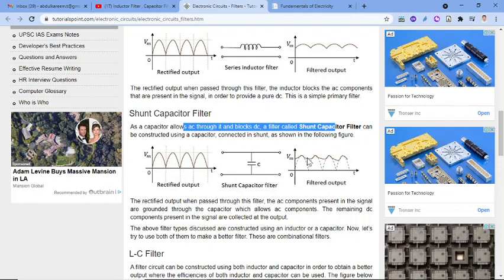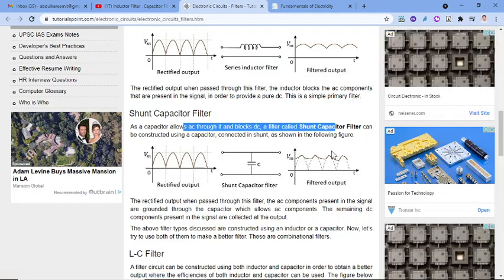Here you can see the output of a capacitor filter circuit. This is not exactly pure DC because of some leakage through the circuit. And if you increase the capacitance, you can reduce the ripples, because as you increase the capacitance, you decrease the resistance offered to the AC current.